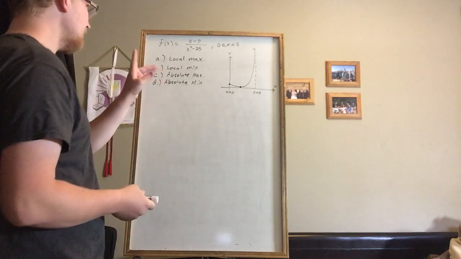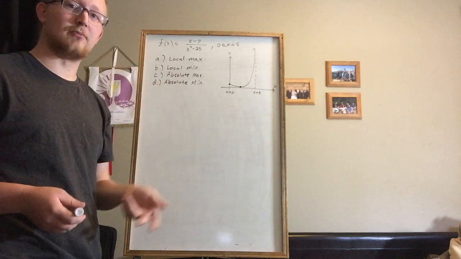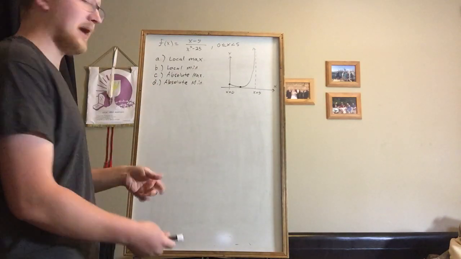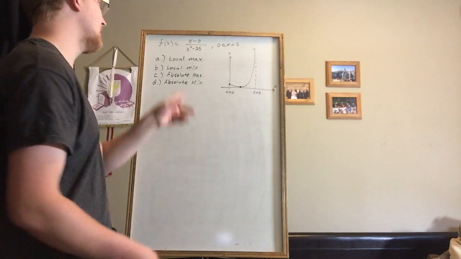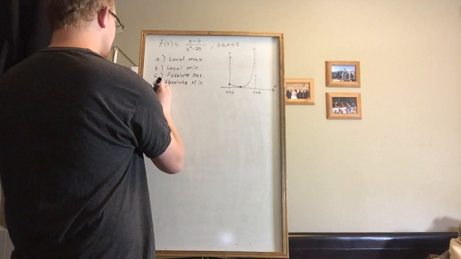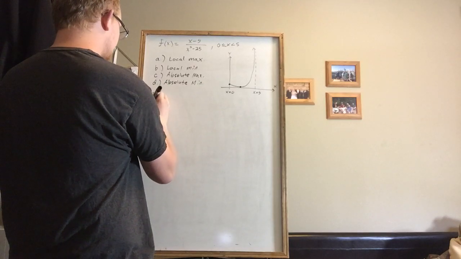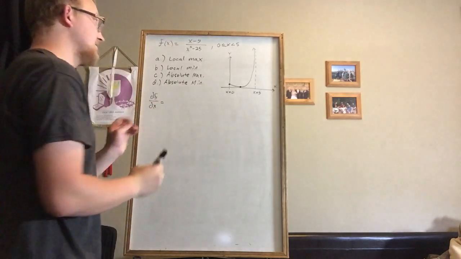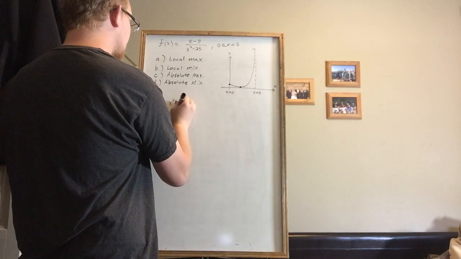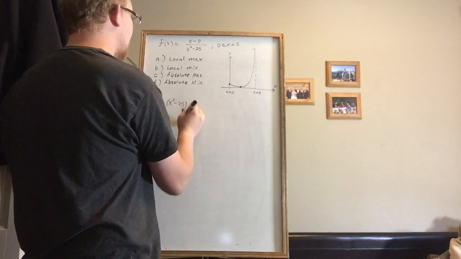So, the first step to finding the critical points, which could be local maxima or minima, or absolute maxima or minima, is to take the derivative of f with respect to x. So df/dx, I'm going to use the quotient rule, so it's low, x squared minus 25, times d high.